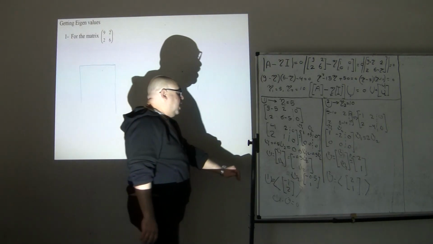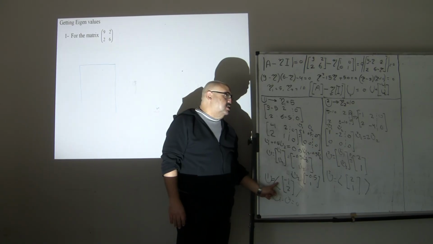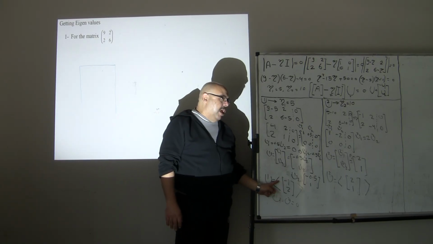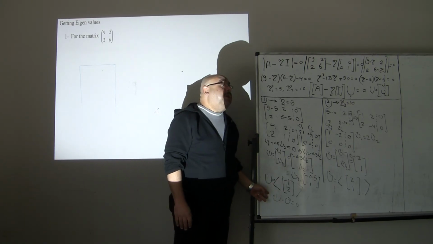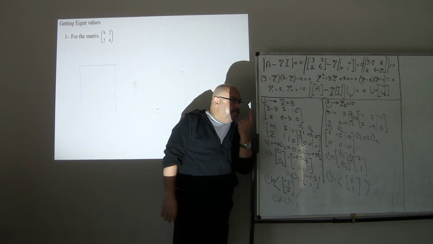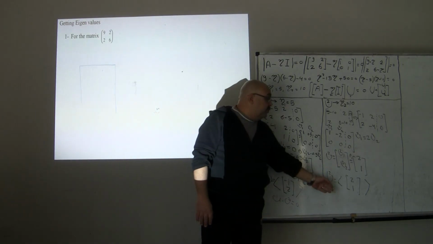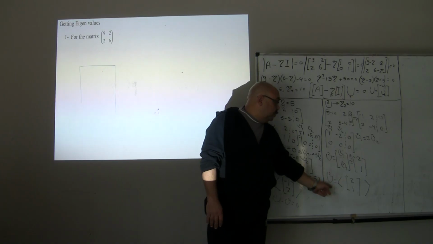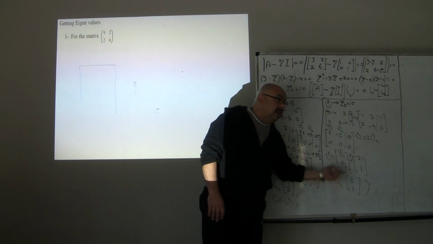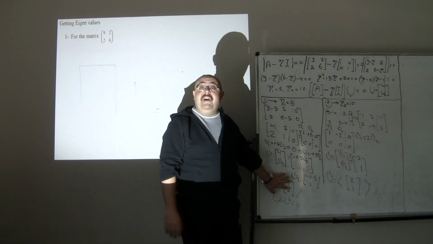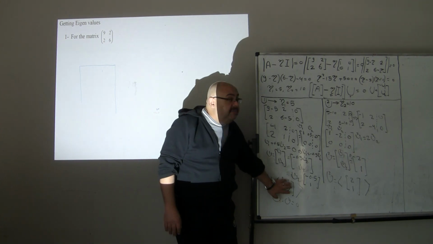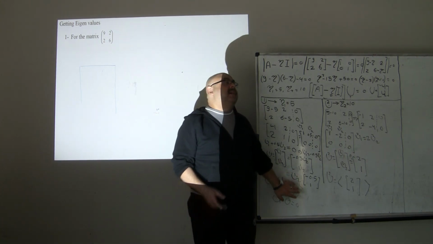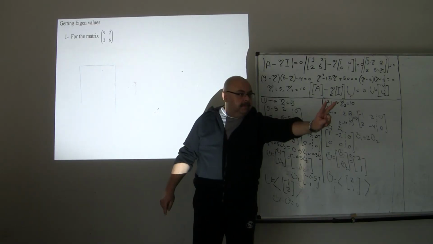If you look at this one, how many vectors are in its space? 1. So the geometric multiplicity is 1. And also for this one, the geometric multiplicity is also 1 vector. If I had 2 vectors here, then the geometric multiplicity would be 2.